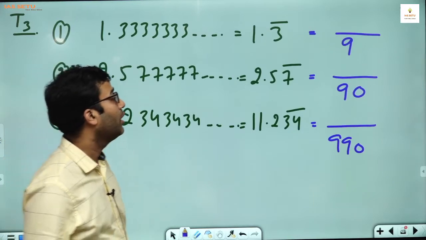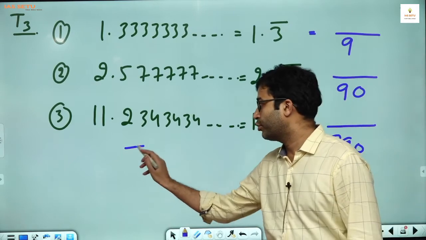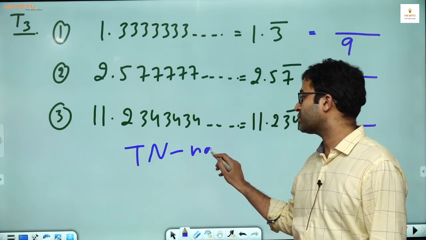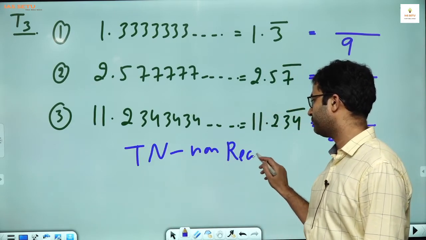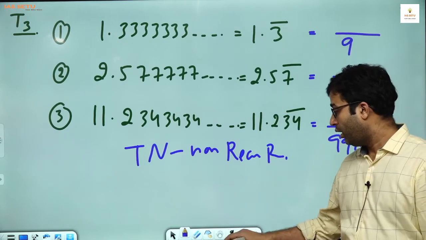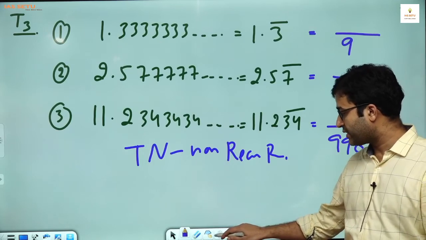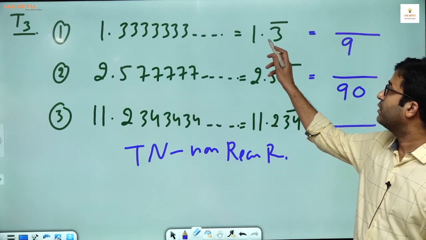What to do? Numerator is also the same: total number minus non-recurring part. I suggest one thing for the numerator: ignore the decimal.